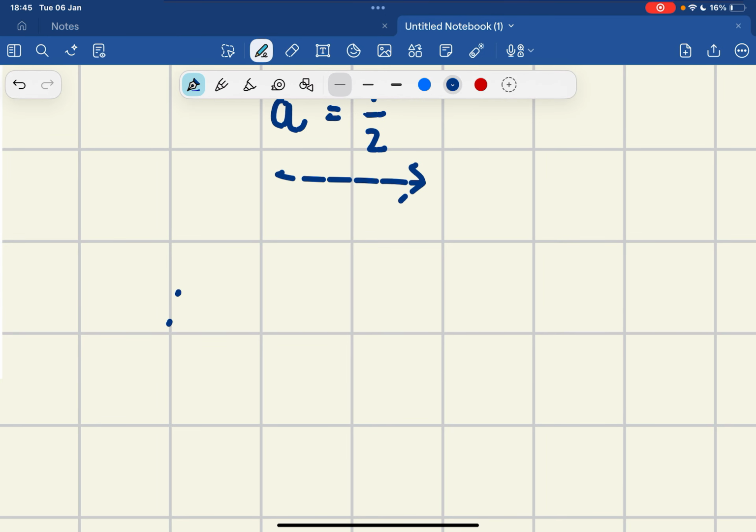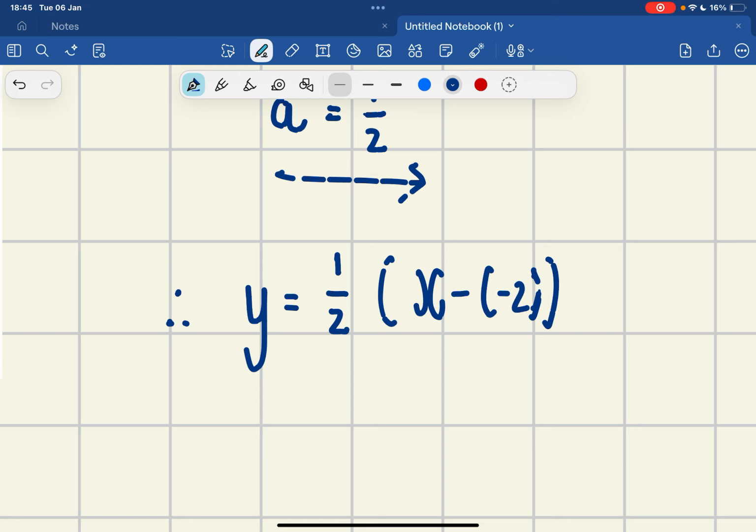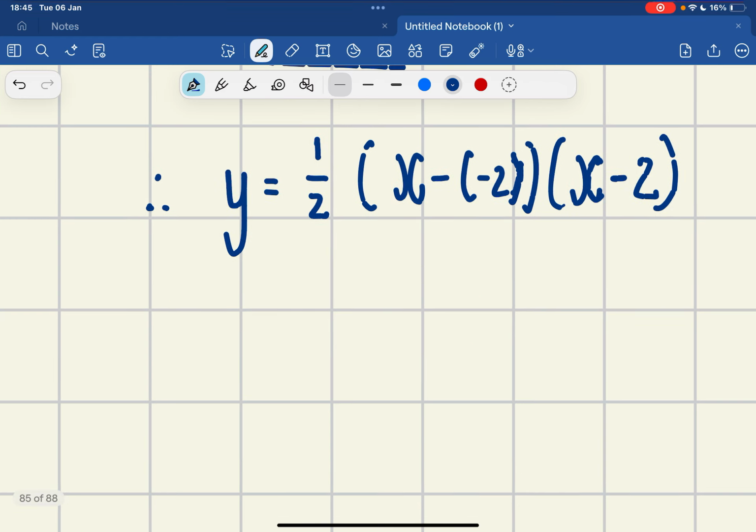Therefore, we then go and write y is equal to a half x minus 2 (x minus 2). And then what you do is just simplify it further.